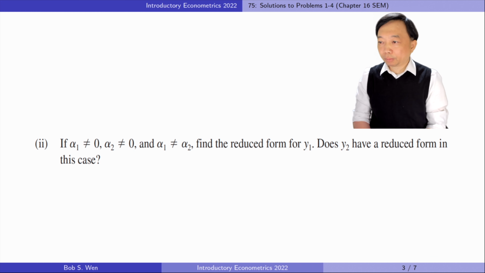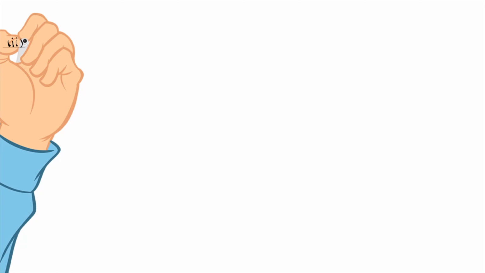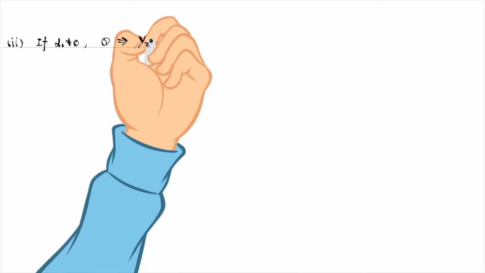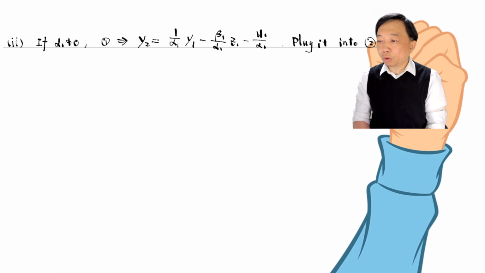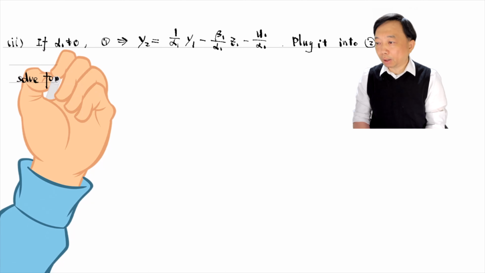In Part 2, if alpha 1 does not equal 0, alpha 2 does not equal 0, and alpha 1 does not equal alpha 2, find the reduced form for y1. Does y2 have a reduced form in this case? We rewrite equation 1, plug it into equation 2, and solve for y1.